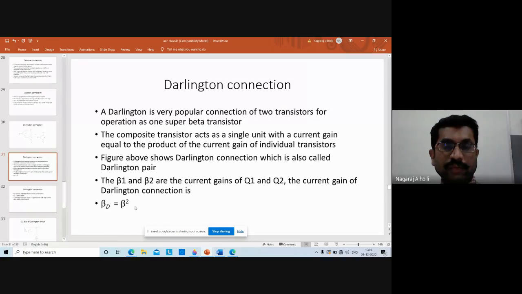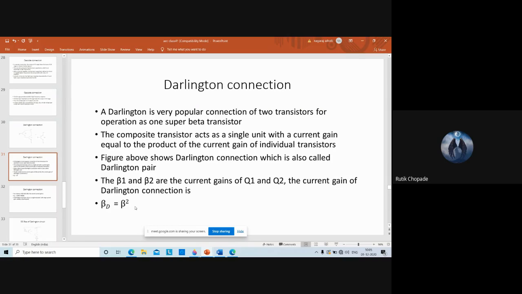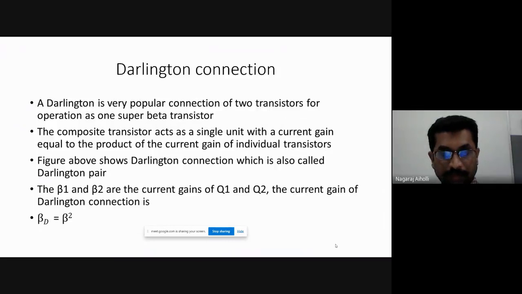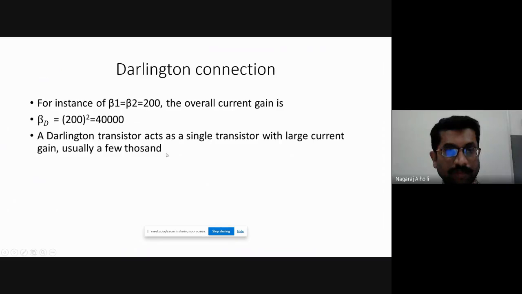It is 200. How much will be beta D? 40,000, sir. 40,000. Let us check whether it is 40,000 or some other value. Okay, fine. So beta D is equal to 200 square. Beta 1 and beta 2 are 200. Beta D is equal to beta into beta, that is 200 square, beta square, so it will be 40,000. Okay, 40,000 is the answer.